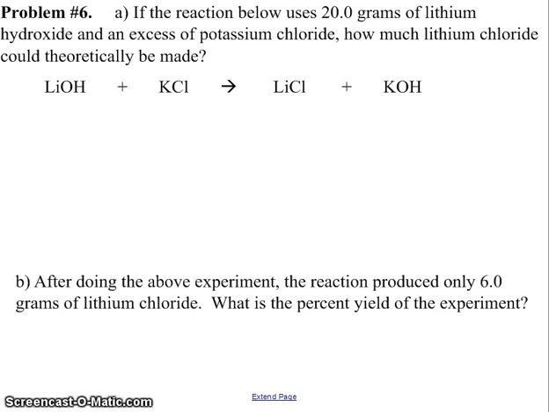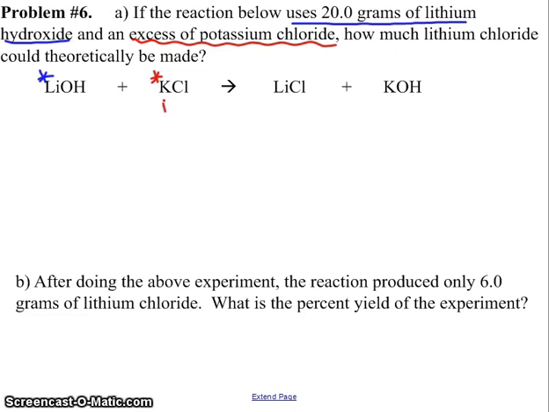So let's take a look at what this problem entails. It uses 20.0 grams of lithium hydroxide, that's this substance right here, and an excess of potassium chloride. When you see an excess of potassium chloride, that just means you have plenty of it and it's not going to run out.